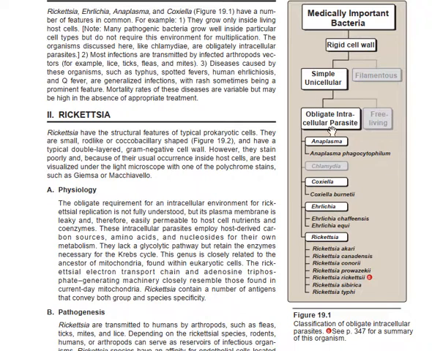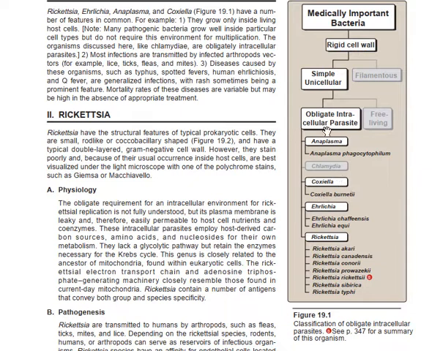Under the obligate intracellular parasites, you have already seen Mycoplasma and Chlamydia. Now we are going to see Anaplasma, and Coxiella, under which we have Coxiella burnetii.